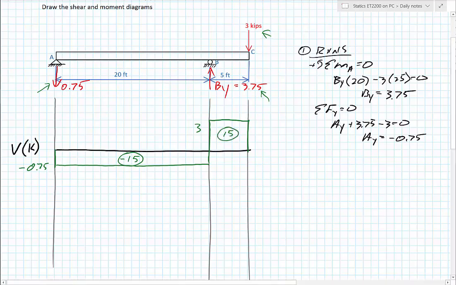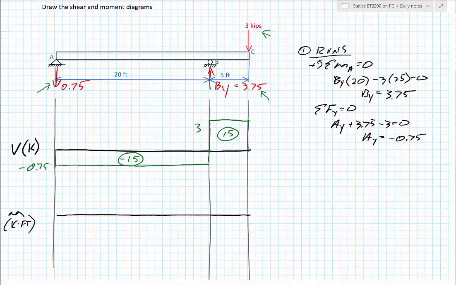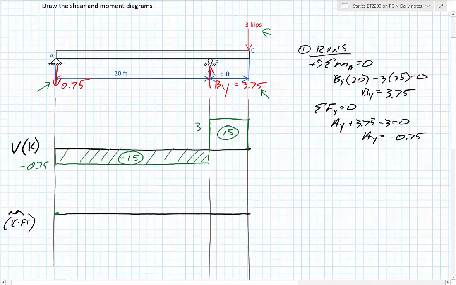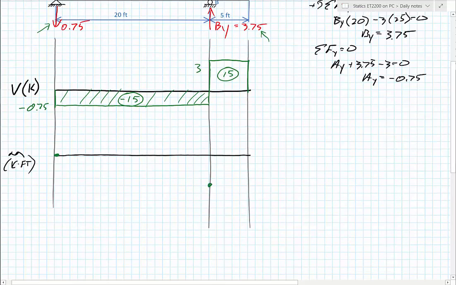So then moving on to our moment. Once again, putting in our units. In this case, it's kip feet. What I have is I look at the very end and say, is there a moment on the end? There's not, so I'm starting at 0. And I change by the areas in my shear diagram. In this case, I'm going down to negative 15.